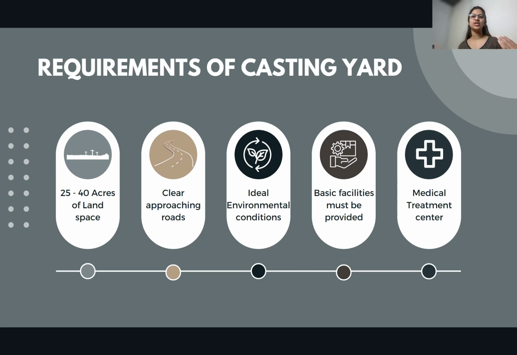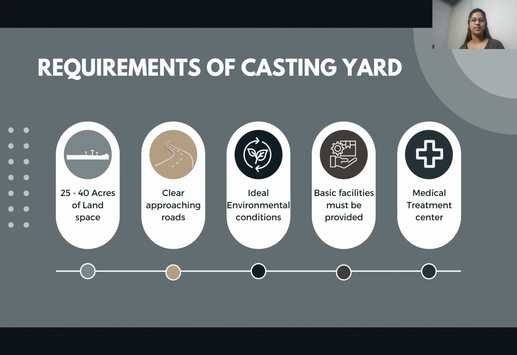Now, when you have occupied a huge land for the casting yard, definitely this is going to be temporary land that you will be leasing to stack all of your construction materials. That is why there will be a lot of to and fro movement with respect to the casted elements, the casted structural units.